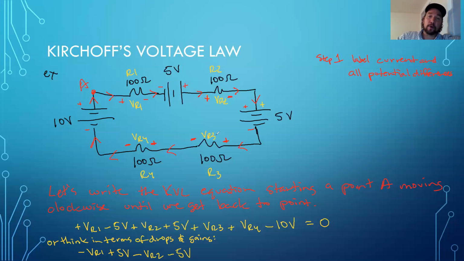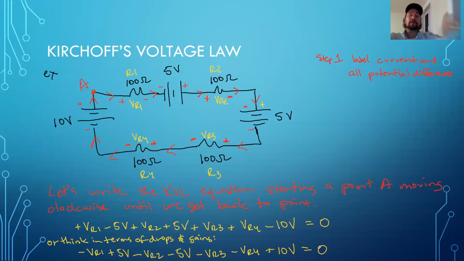This is higher potential, lower potential, so I lose VR3. Same idea at VR4, higher potential, lower potential, so I lose VR4. And when I get to the 10 volt source, I'm starting at the negative and ending up at the positive, so I gain 10 volts. And now I'm back at A, and so equals 0.